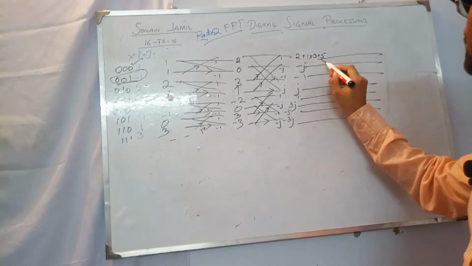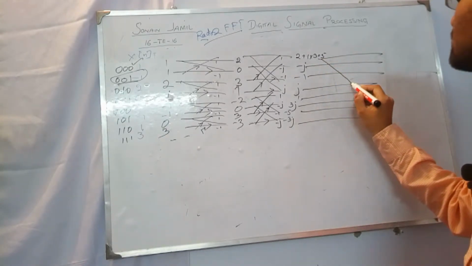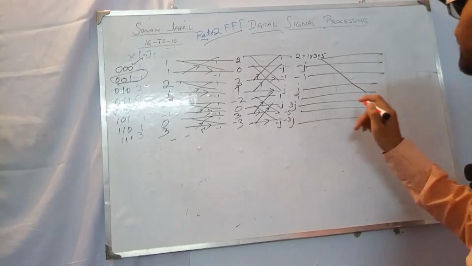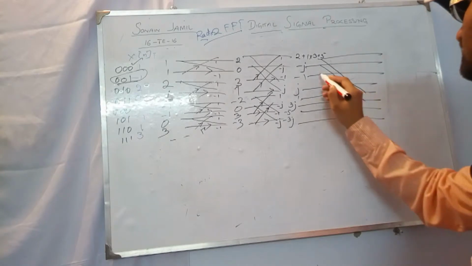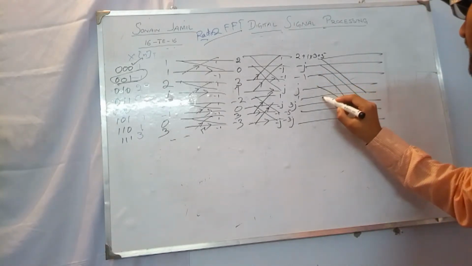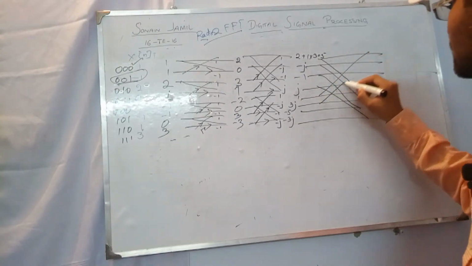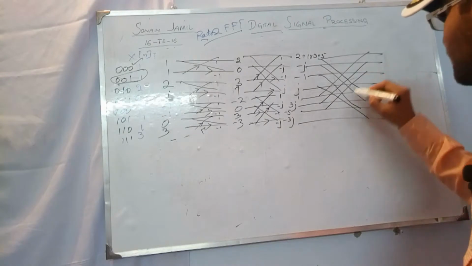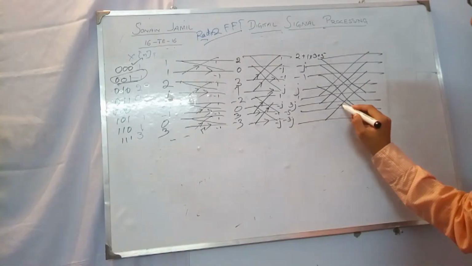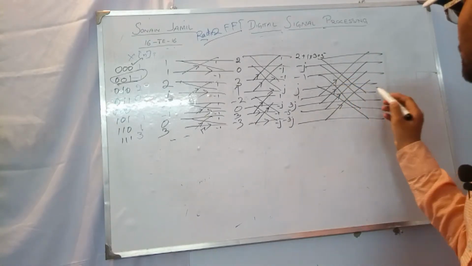In this case, we'll have to join the fourth, in the reverse order, like this. These arrows show the odd one.